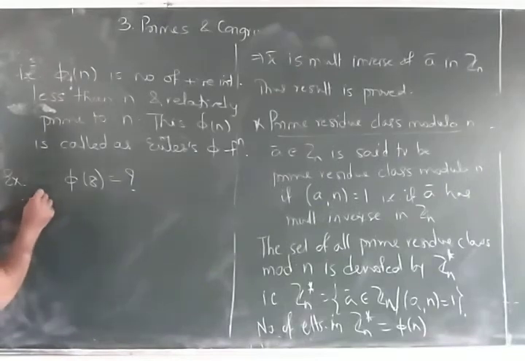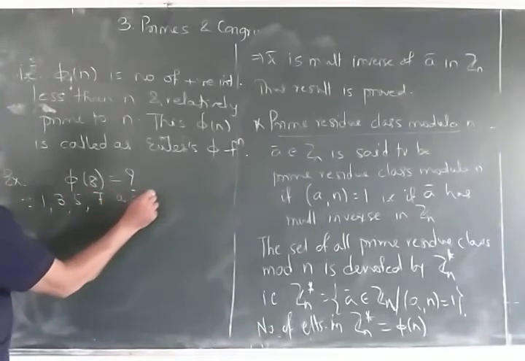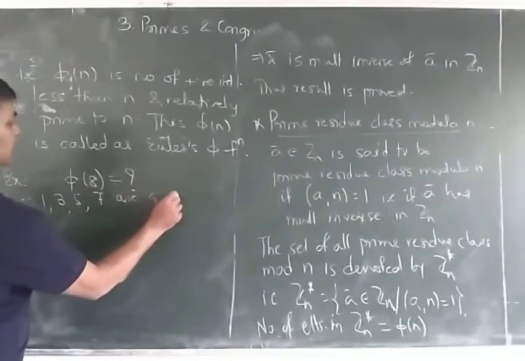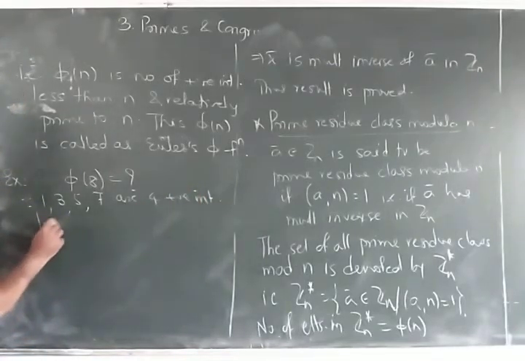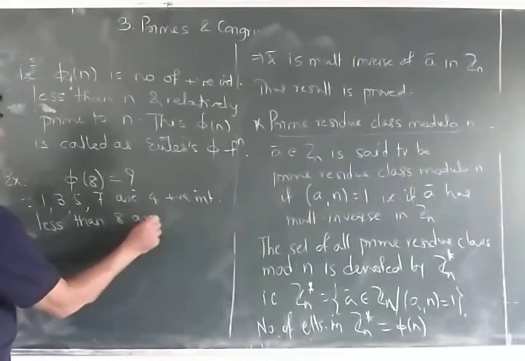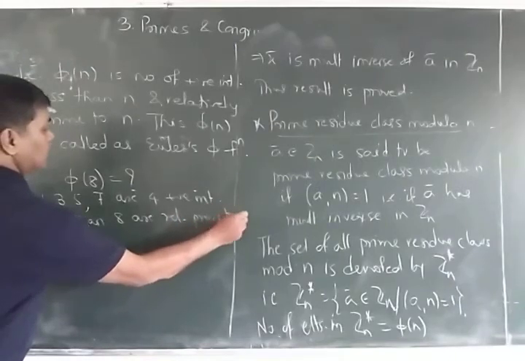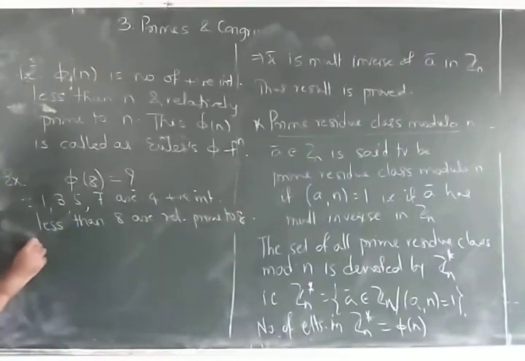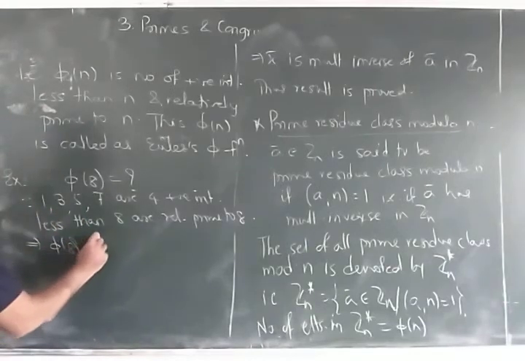Since 1, 3, 5, 7 are 4 positive integers less than 8 relatively prime to 8, this implies phi of 8 is equal to 4.